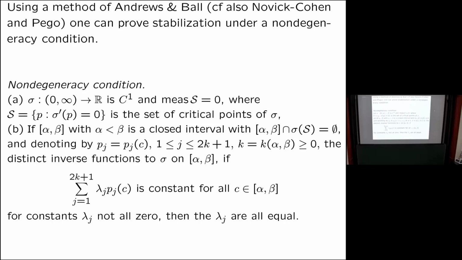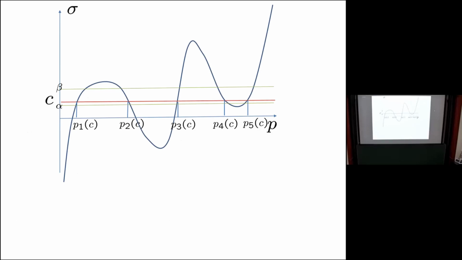So here's the picture then. Here I've drawn again with 5 roots, and here's C drawn with the red line. So you imagine C, and here's an interval alpha beta, which doesn't contain any critical values.